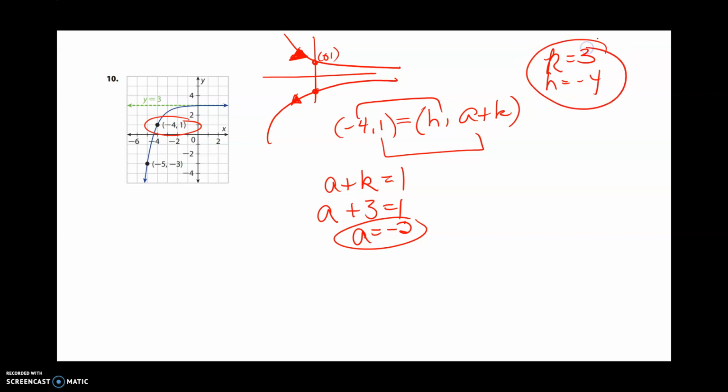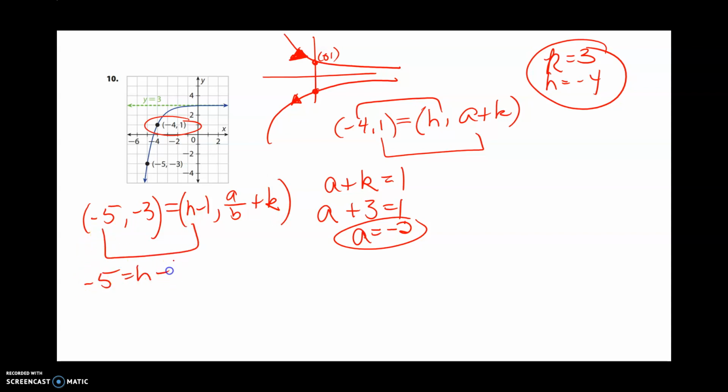So far I have things I need, but what I don't have is B. So the second point, -5, -3, corresponds to H minus 1, A over B plus K. So let's check this. -5 equals H minus 1. H is -4, so -5 equals -4 minus 1. That works. Now we've got to find B.